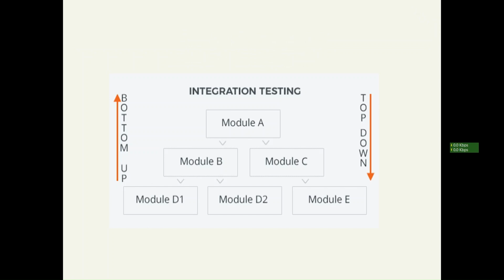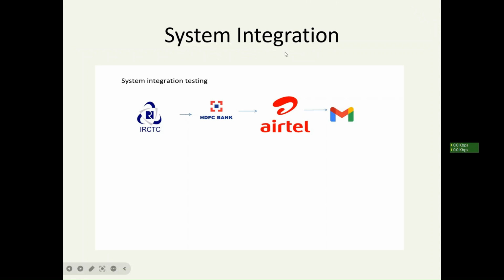Next, there is another testing called system integration testing. System integration testing means one application is integrated with another application. If you take IRCTC, for booking a ticket we need to go to HDFC Bank. For sending an SMS, we need to integrate with Airtel. For getting a ticket, we need to integrate with Gmail.